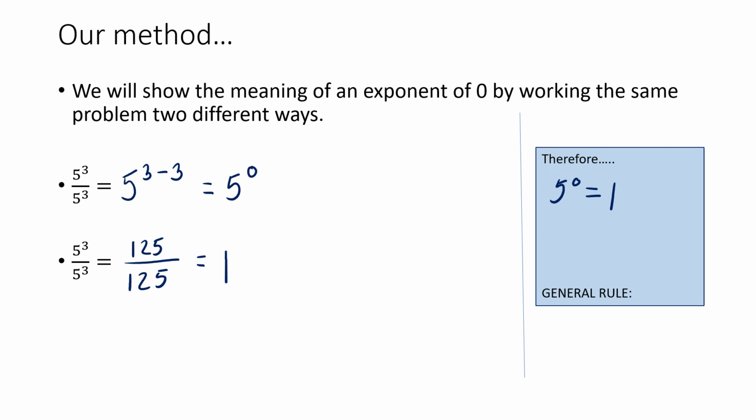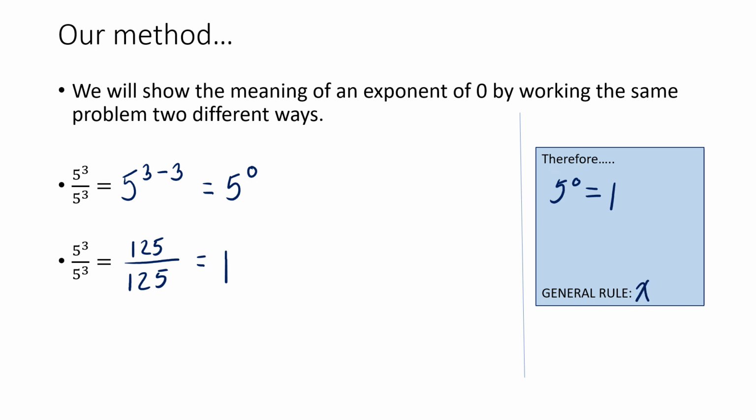Does that go against, for a lot of us, our intuition or our gut? Yeah, but it's not unreasonable. We can see the layout of the proof there. Now, if you really don't believe me, go grab a calculator and type in 5 to the 0 and see what the calculator will tell you. Now, here's the general rule.